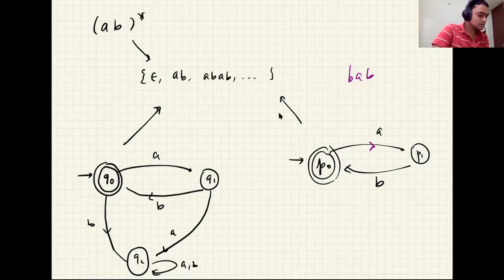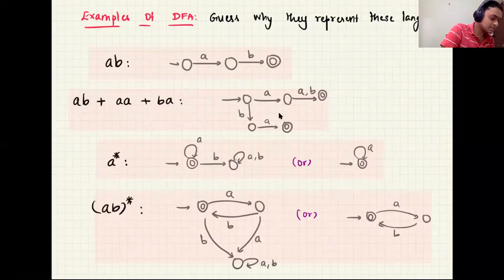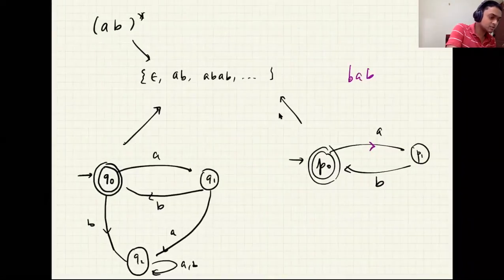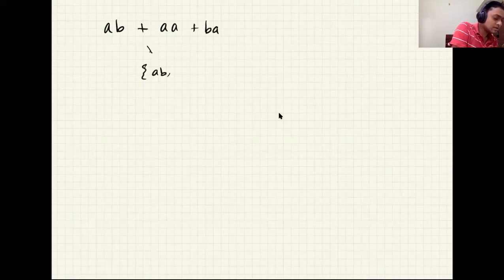Okay, so someone asked for the second expression. Let me just explain that: AB plus AA plus BA, and then we will see some more. So AB plus AA plus BA stands for the language AB comma AA comma BA.